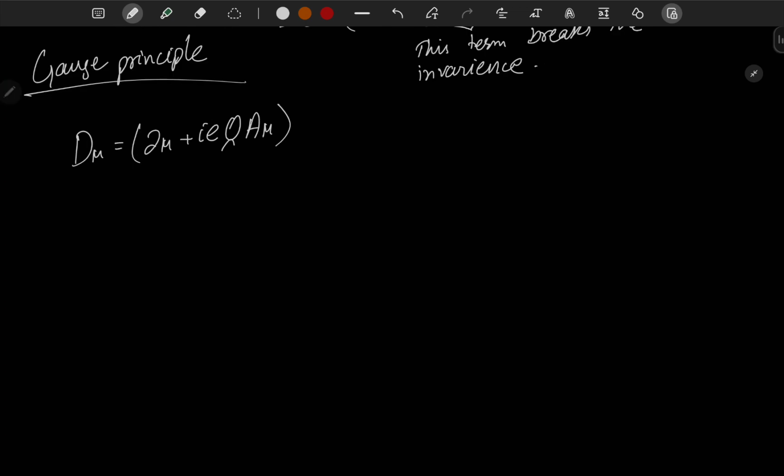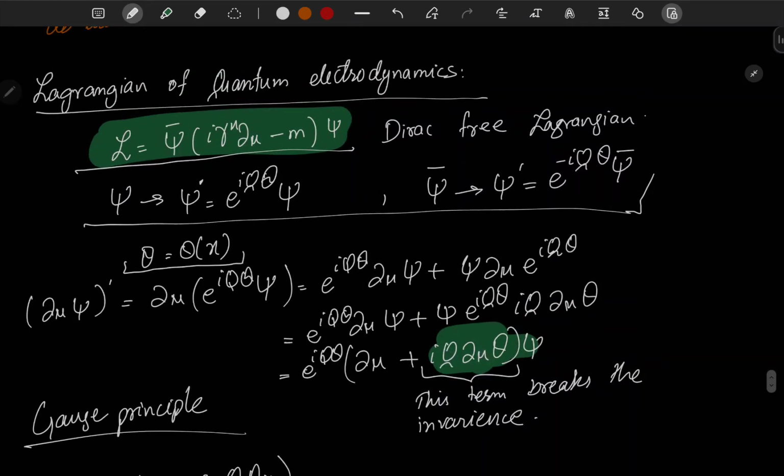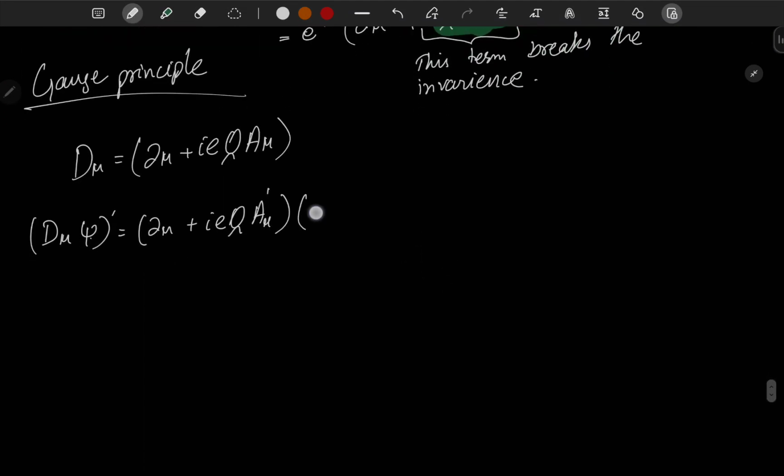Now let's see how this covariant derivative solves our issue of local gauge invariance. Let's see how this works. So d mu prime will simply be d mu plus iota e q a mu prime. Sorry for the sloppy writing. And psi prime transforms just like this: e to the iota q theta psi.